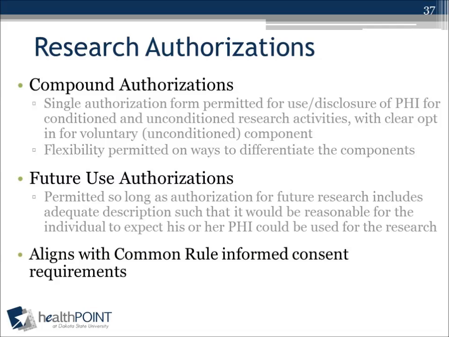Now, they must have a clear opt-out for voluntarily opting out of unconditioned components. So if you have an authorization where you're saying to the patient that on these conditions you'll participate in the research, and then there are unconditional components of the authorization, you have to make sure that they can clearly opt out of the unconditional types of things.